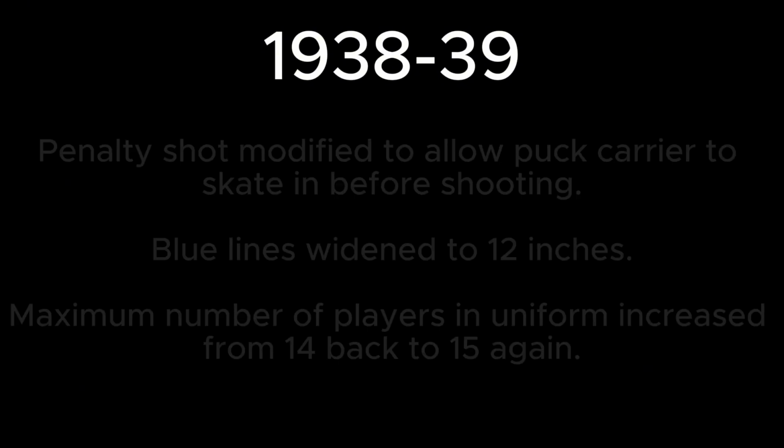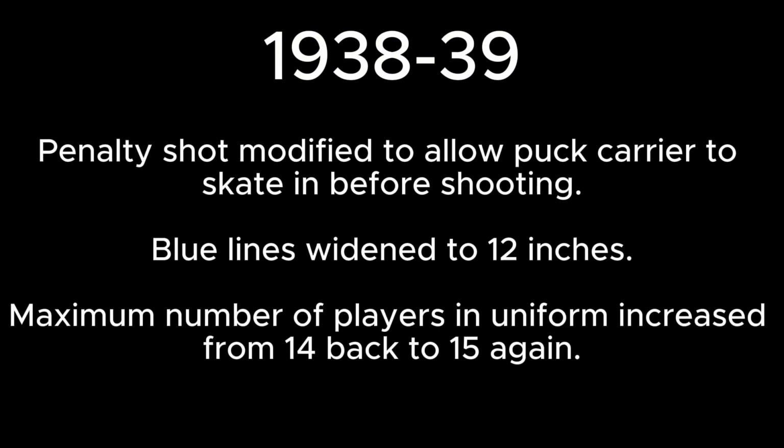Teams played with 1 single league table instead of any conference or divisions. Penalty shot modified to allow puck carrier to skate in before shooting. Blue lines widened to 12 inches. Maximum number of players in uniform increased from 14 back to 15 again.